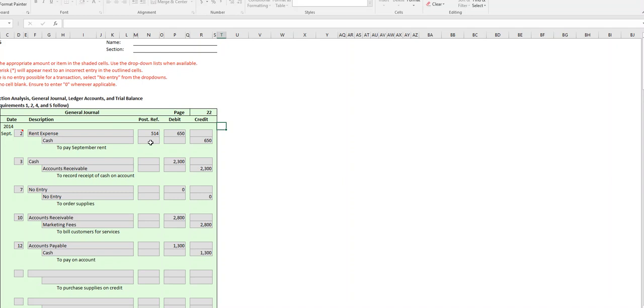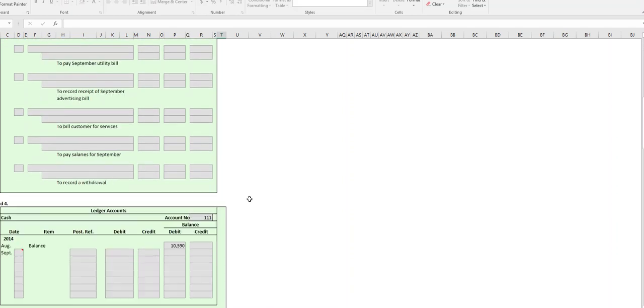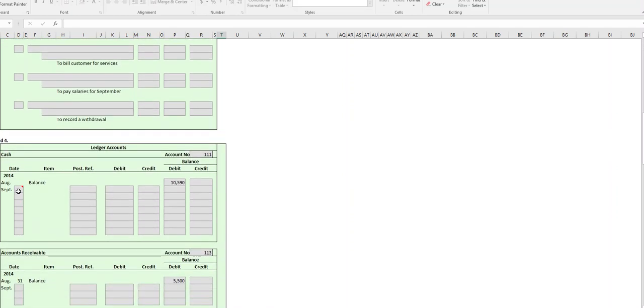So I go to cash, and cash on the 2nd was credited $650. So I find the cash account and I put the date, number 2, and it was credited $650. So what's my ending balance?